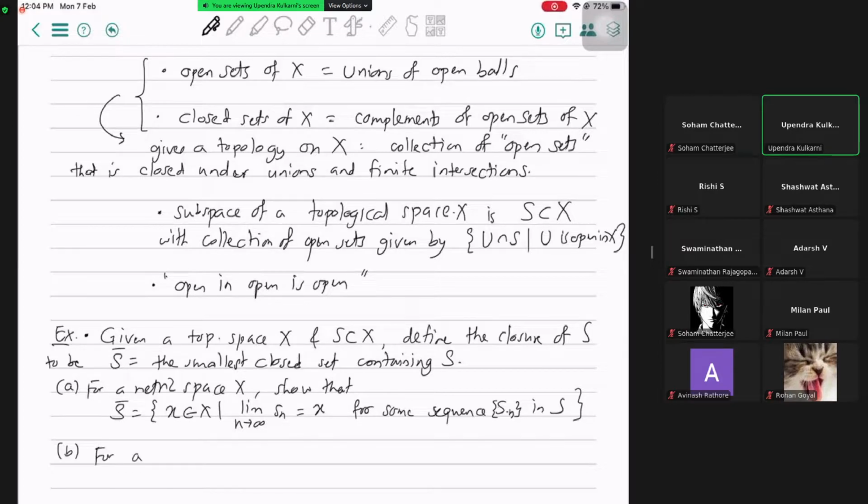For a function, we can also define limits in topological spaces as well, right? I would rather not do that. Instead of taking balls, we can just take the open sets.